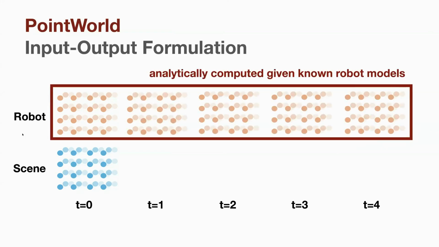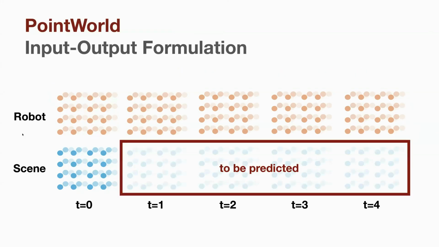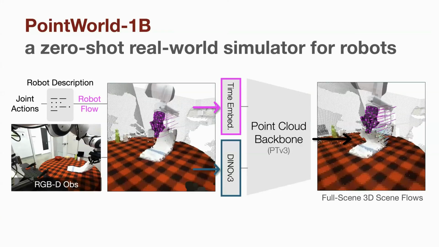But as I was talking about, for the robot we also analytically compute the point flows given the known robot URDF, and what's being predicted is the scene into the future. So the architecture is basically exactly this.